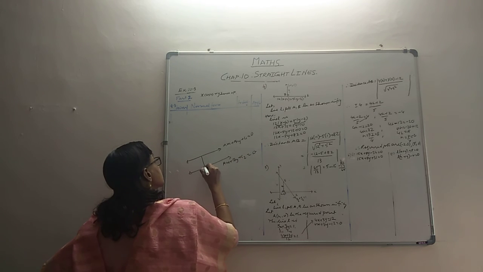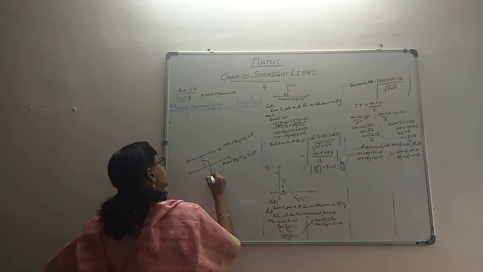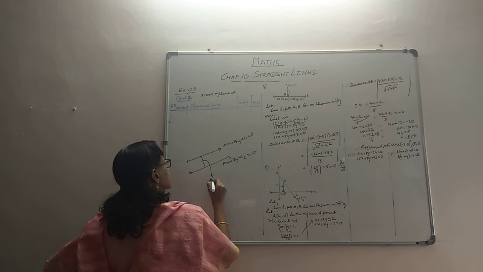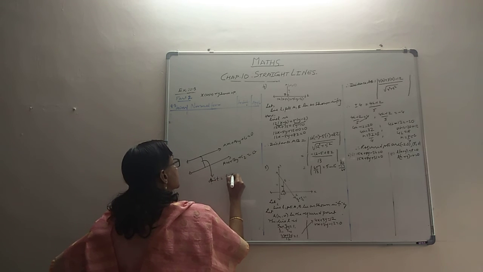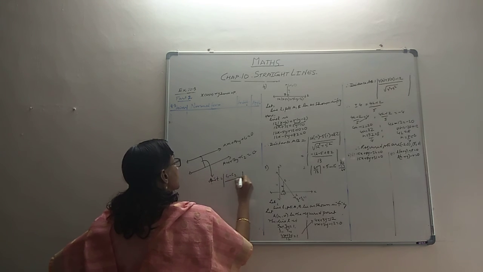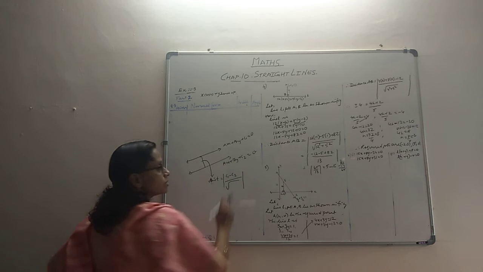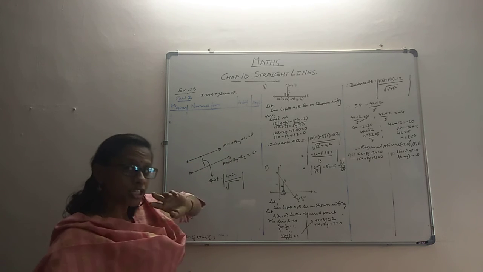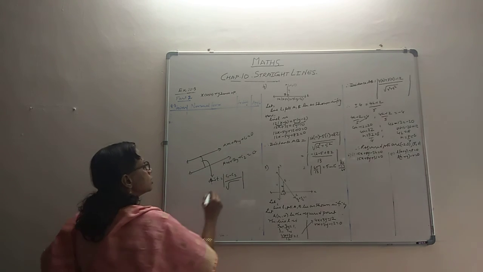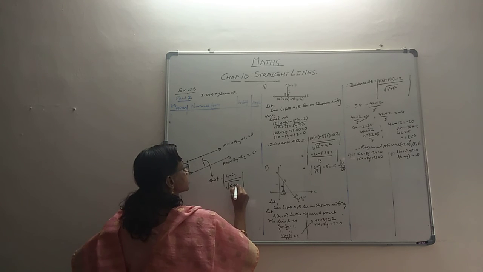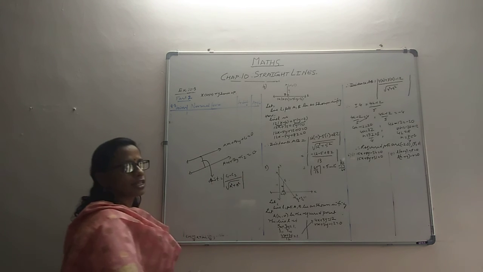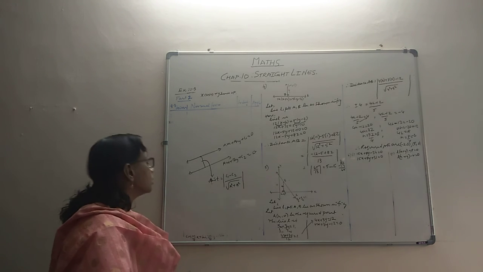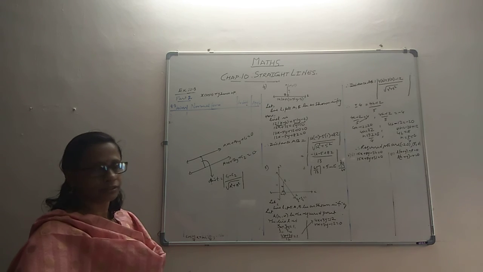To find out the distance between these, it is given by the formula: distance is equal to modulus of c1 minus c2, by root of a squared plus b squared. Obviously parallel lines will have the same x coefficient and y coefficient. That's how you get the required distance.